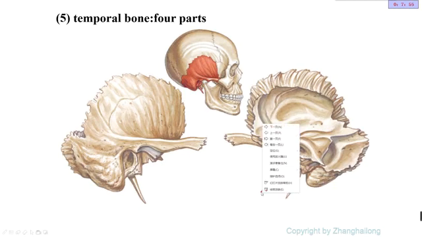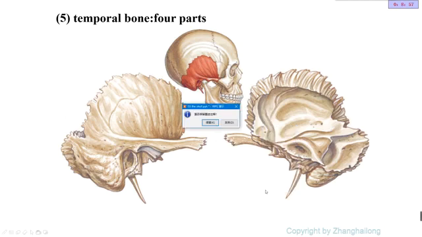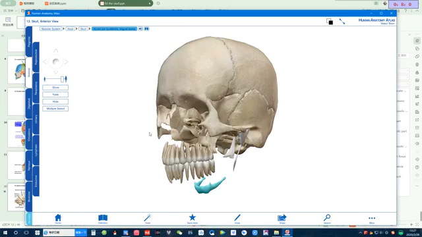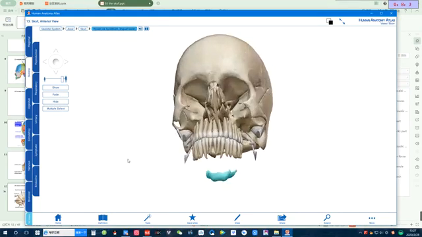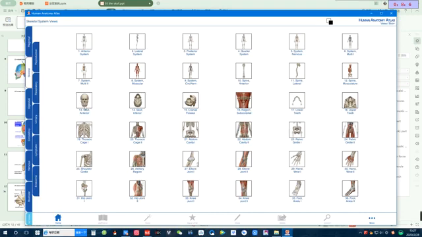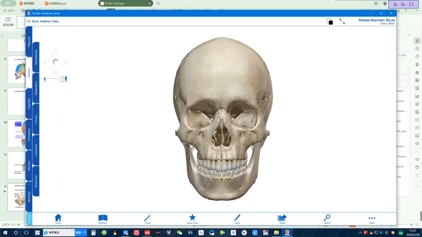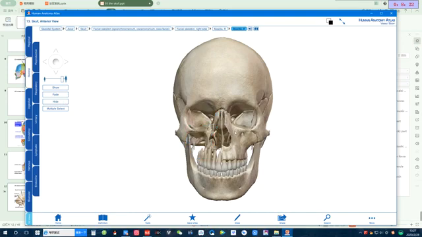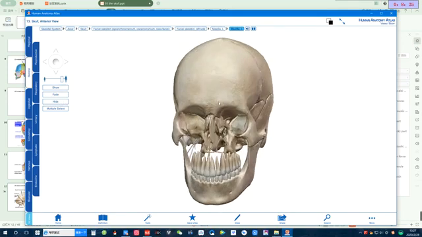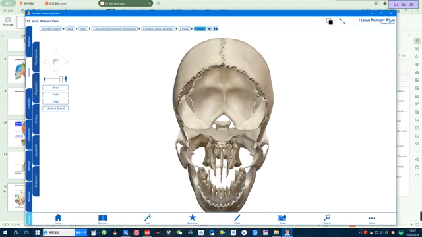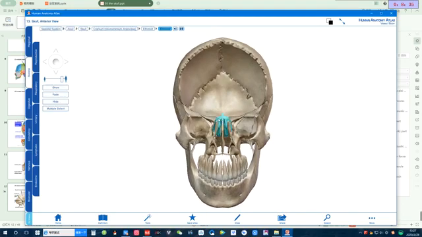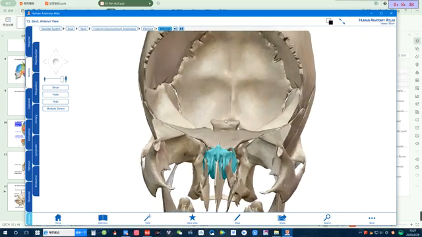Now let's see on the software. Okay, you see here the ethmoid labyrinth, the maxilla, the frontal bone, and here, the ethmoid.